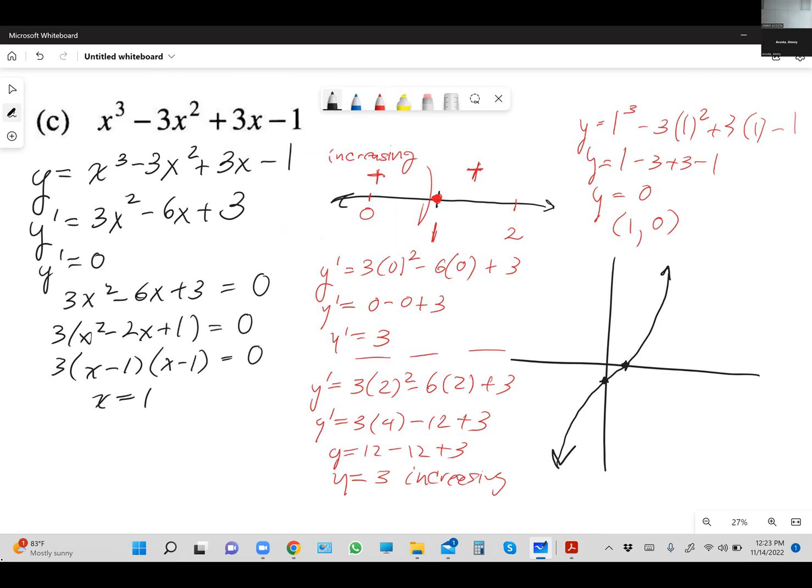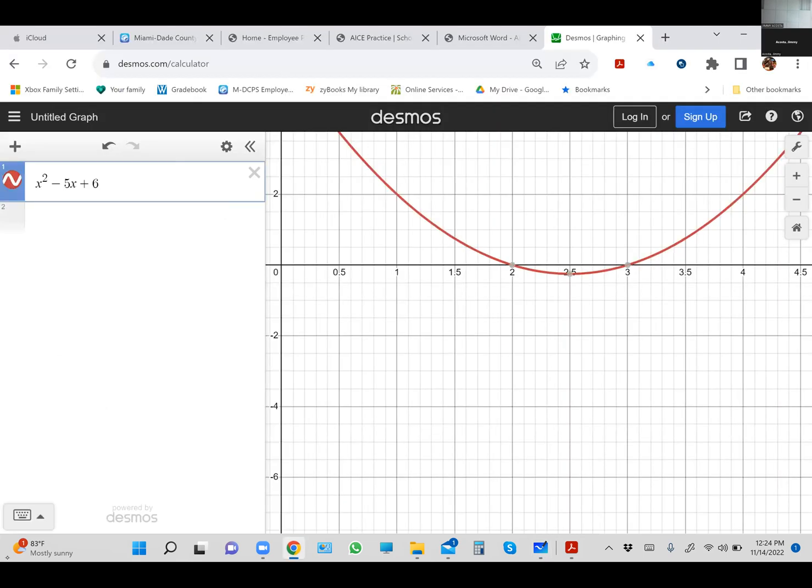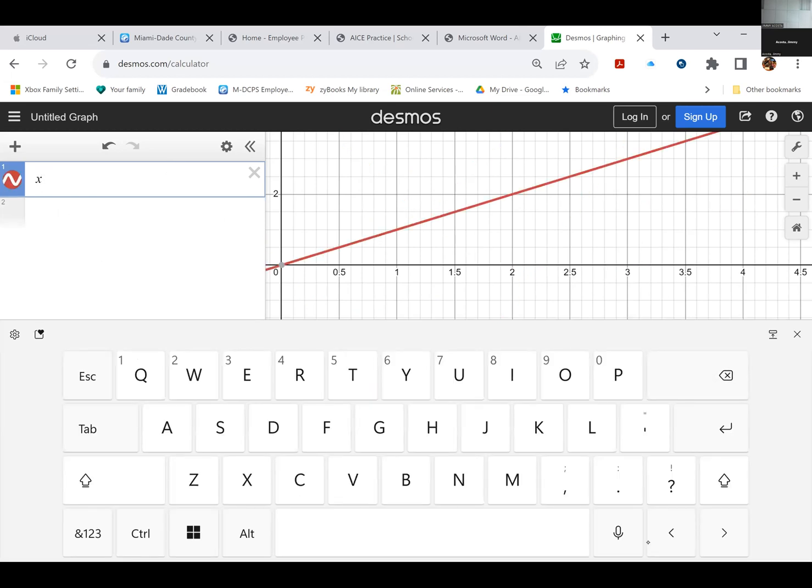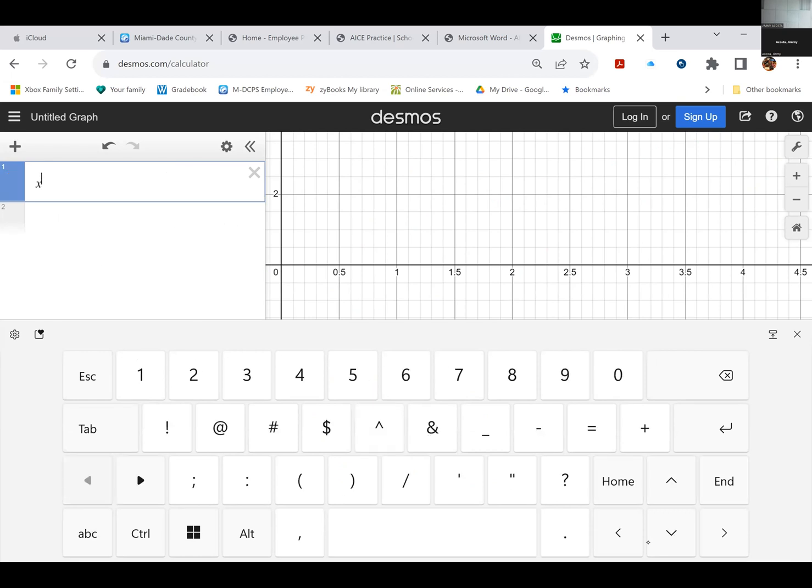I know there's a delay of like 5 seconds or more. Look at that. Well, it's better than nothing. I want to see if I'm right because I could be wrong. So let's go ahead and graph this. I think it was x raised to the 3rd power minus, what was it?